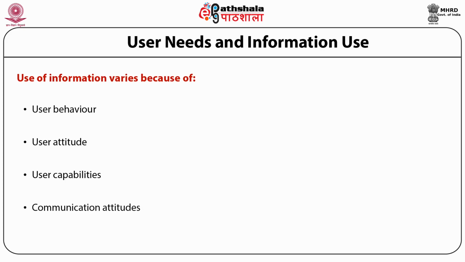Communication attitude is another variation that comes in the way of user needs and information use. Sometimes the users are able to communicate adequately, sometimes they feel handicapped in communicating their problem properly to the librarian.